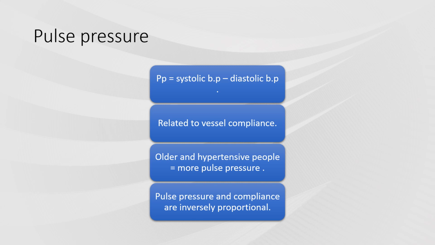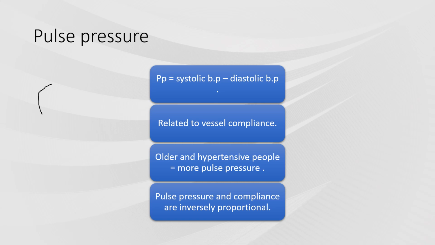Why? Because they have stiff vessels, and stiff vessels are called pathological arteries or vessels. Pulse pressure and compliance are inversely proportional. If the artery has less compliance, then the pulse pressure will be high. And if the artery has more compliance, then the pulse pressure will be low, which is ideal.